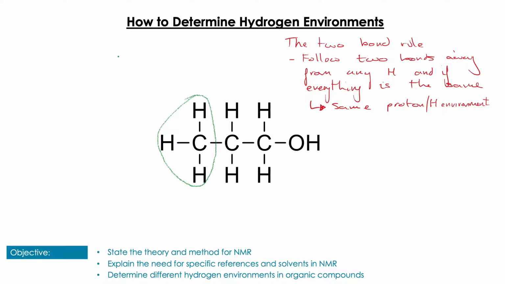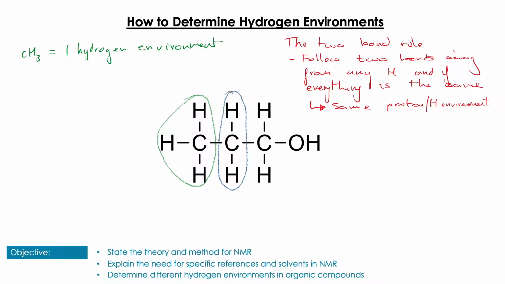So we could call this group here one hydrogen environment. Let's have a look at the hydrogens on the next carbon. We follow the 2-bond rule, and both hydrogens show that they have a CH3, a hydrogen, and a CH2 group. So that is one hydrogen environment.